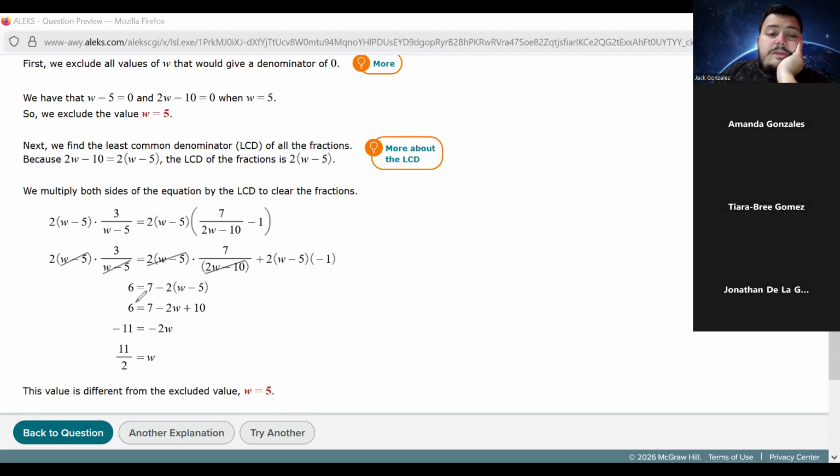They cancel, leaving me with the 6. These cancel, leaving me with the 7, right? The 7. 2 times 3 is the 6. And then they just have this left over. Just multiply your negative 2, gets us to here, and then solve for w gets us to there.